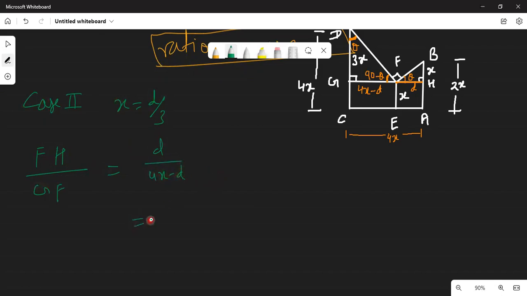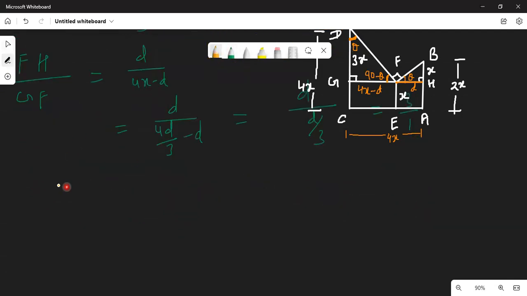In place of x, we write d by 3. So that is 4d by 3 minus d, which would be d by 3. So d over d by 3 means this 3 will be written upside down, so 3 by 1. So in this case, the ratio is 3:1.